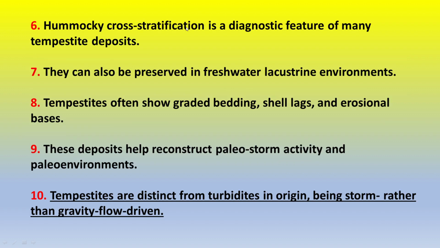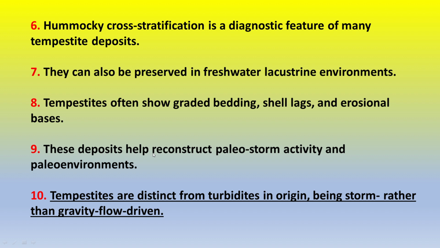See, tempestite is a storm deposit, so hummocky cross stratification is very popular, very common in tempestite deposit. So hummocky cross stratification is a diagnostic feature of many tempestite deposits. They can also be preserved in freshwater lacustrine environments. Tempestites often show graded bedding, shale lags, erosional base.